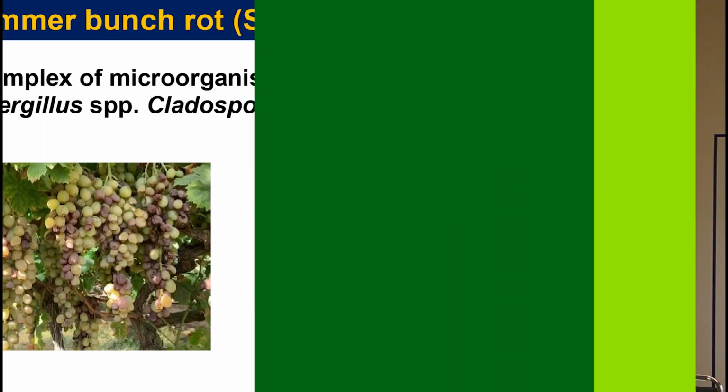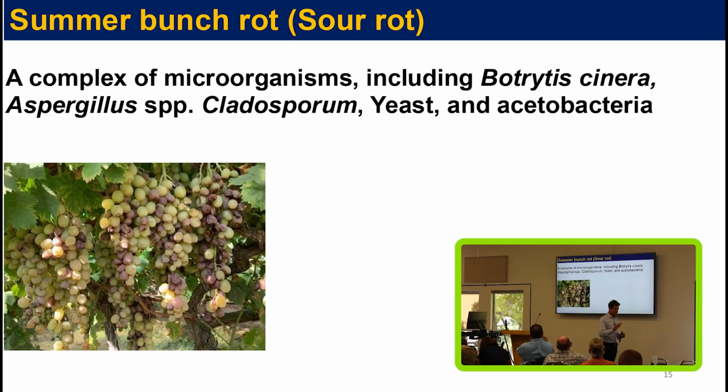Another part of the bunch rot complex is that it can also cause summer bunch rot on table grapes, which is very common in the production we have in Fresno and the Central Valley area from now on.